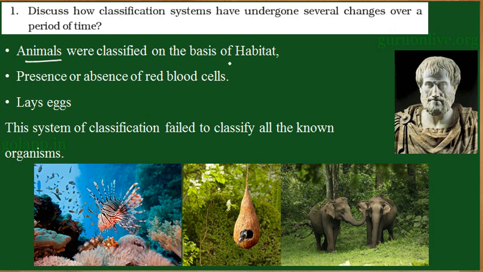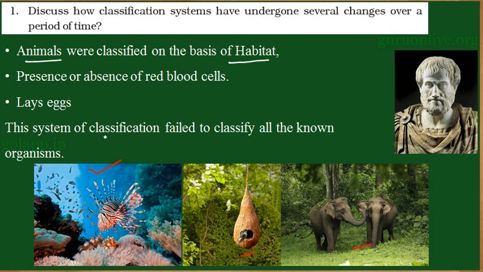One such characteristic is habitat. All organisms which live underwater were grouped together and called aquatic organisms. Those which live on land were called terrestrial organisms. And all organisms which live on trees were called aerial. So based on the habitat, living organisms were grouped.